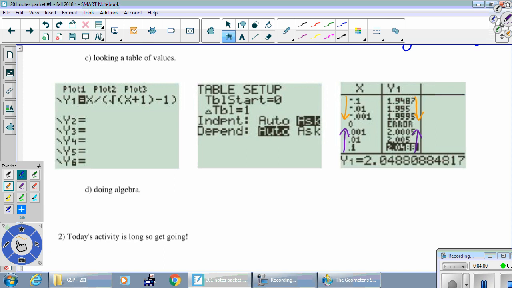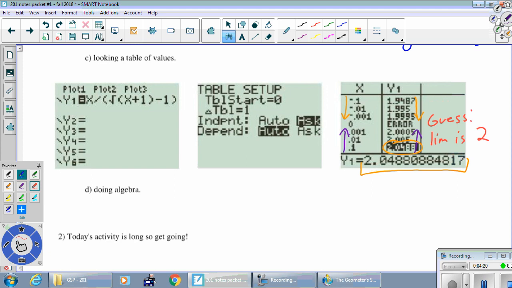Notice that these are rounded values that we're seeing in this second column. I've highlighted the bottom number. You're just seeing a rounded version there, but if you highlight it, you see many more digits. And so again, looking at this, we make the same guess that the limit is 2.